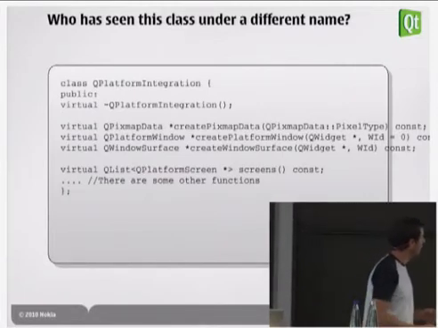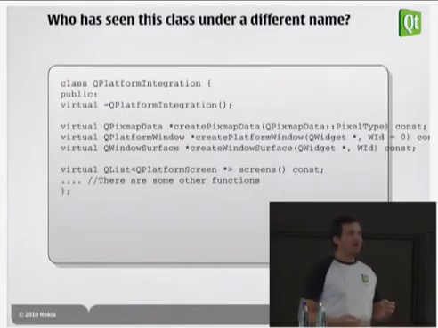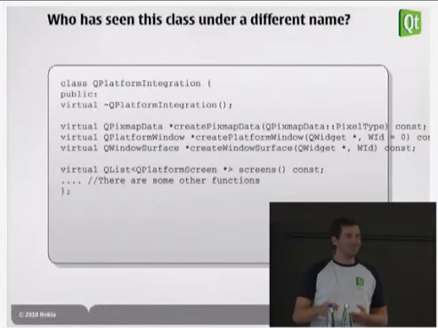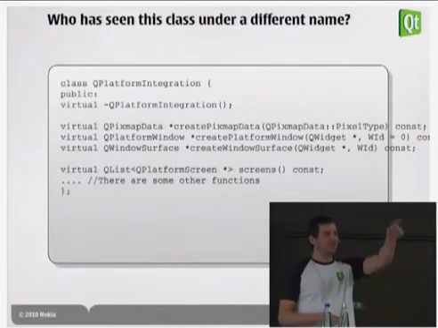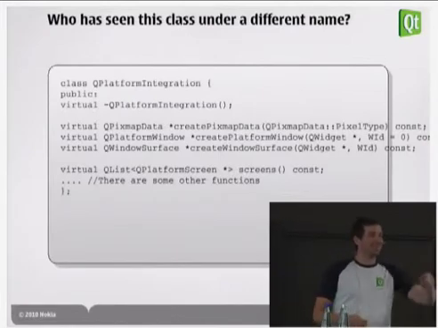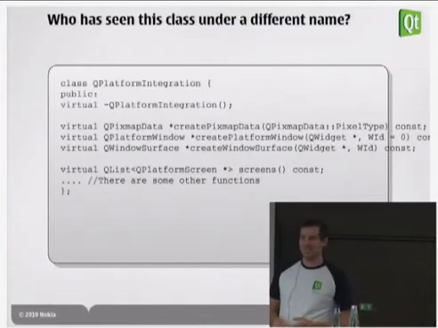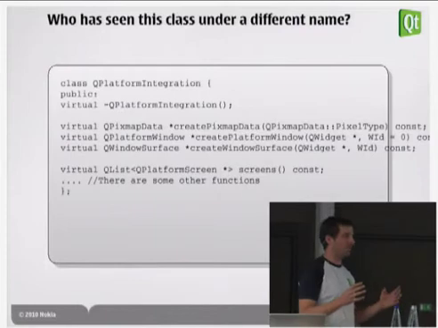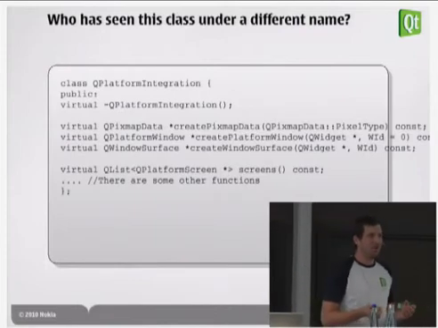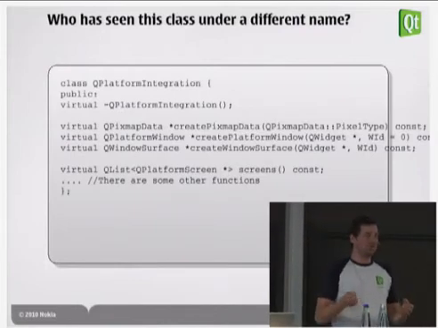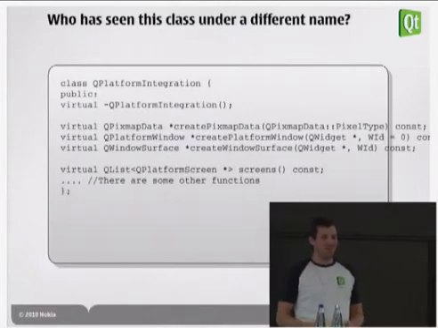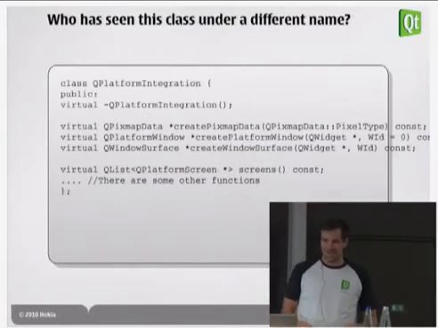Obviously the text didn't really work well, but who has seen this class under a different name? A couple in the front here. The guy in the back, he made that other class, so he should know. Basically, when we started developing Lighthouse, we didn't scrap everything and say, let's start from scratch, all other Qt sucks, and we're going to do it right.